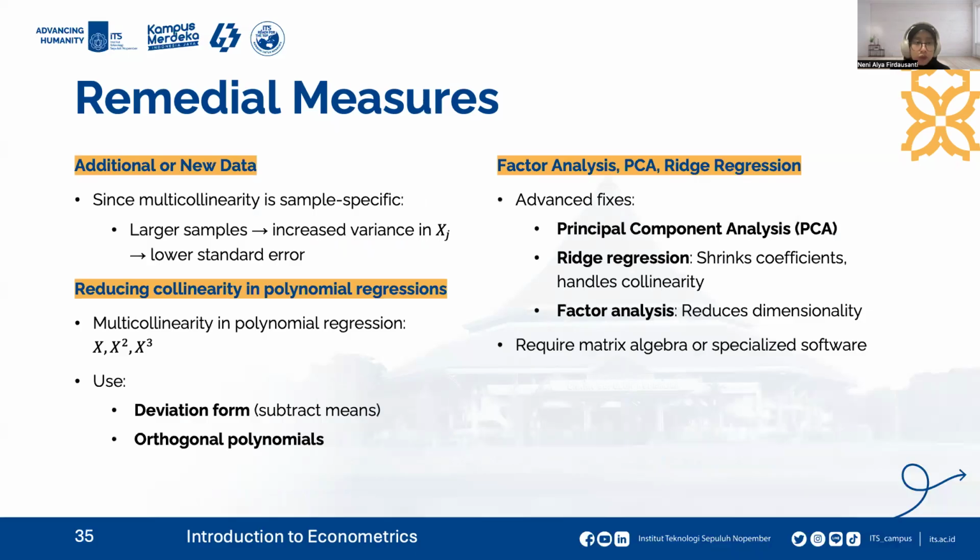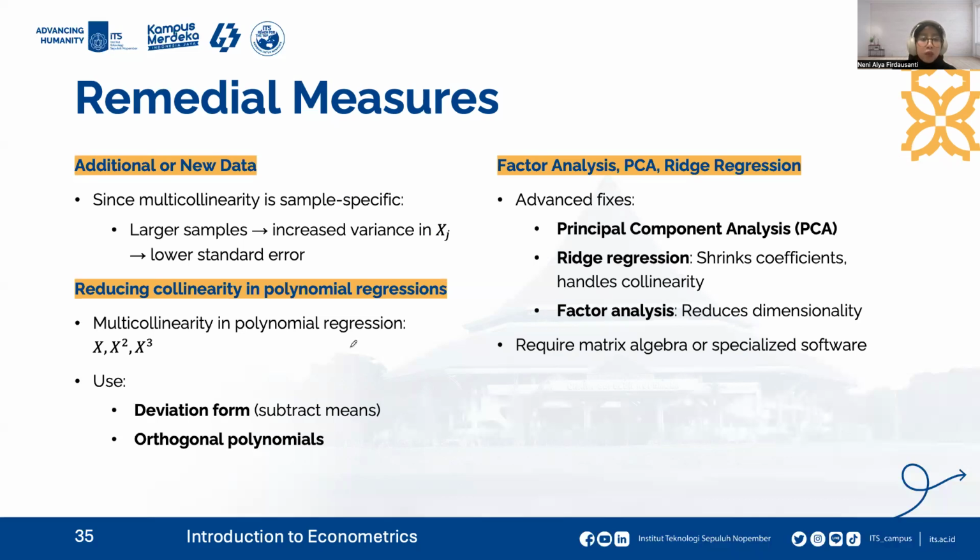And then another solution, we can add additional or new data to add more variability in our sample. When we have a larger sample, the variance will be increased, which means that the standard error will be decreased. And then we can reduce collinearity in polynomial regression.